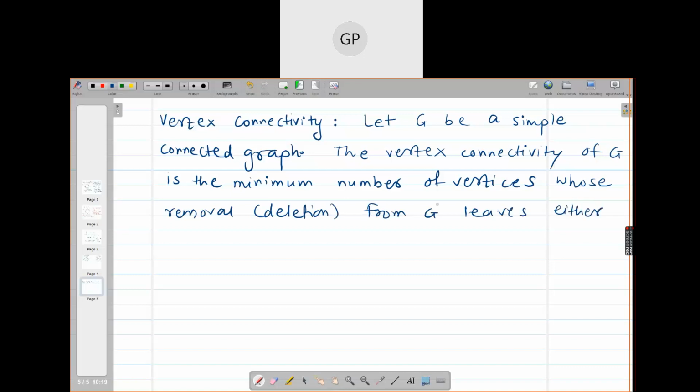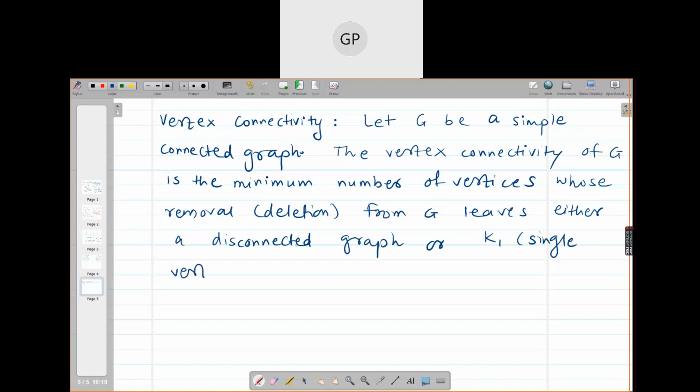This is important to understand. Either a disconnected graph or K1. K1 is a single vertex.